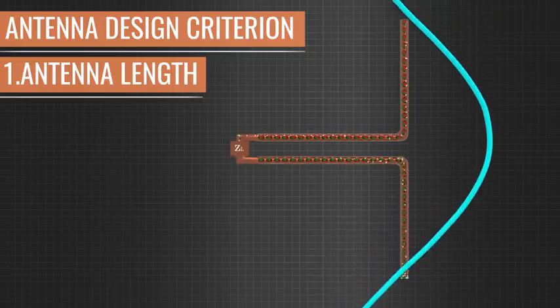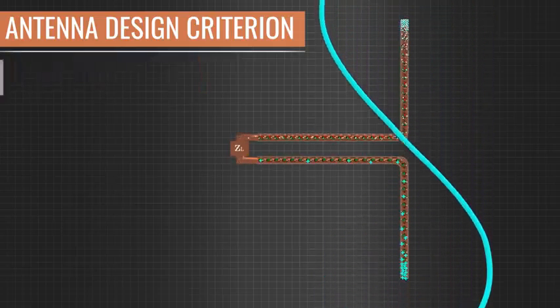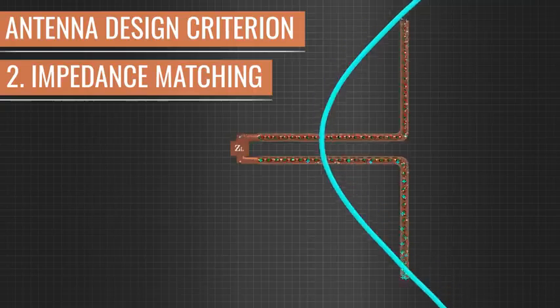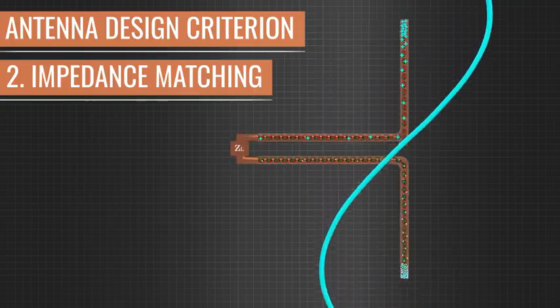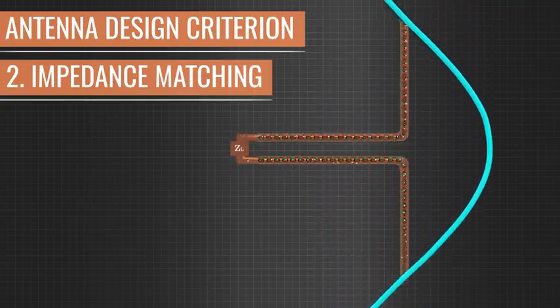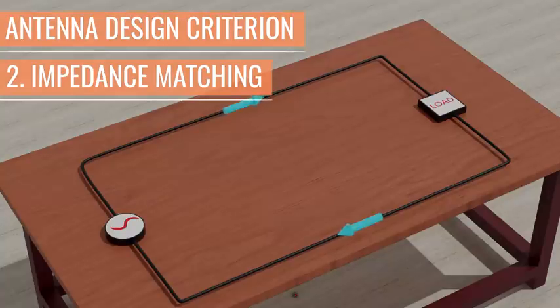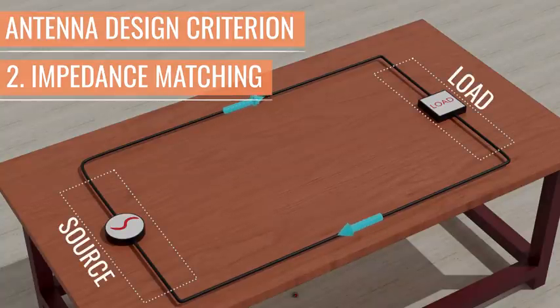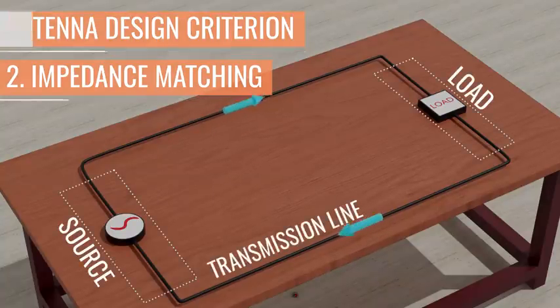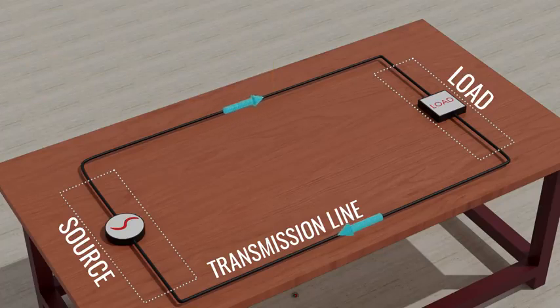The second most important design criterion is a term called impedance matching. Perfect impedance matching will make sure that the waves are radiated in the most efficient way. When an alternating current passes through a circuit, it faces opposition from the combined effects of resistance, inductance, and capacitance. This combined effect is known as impedance.